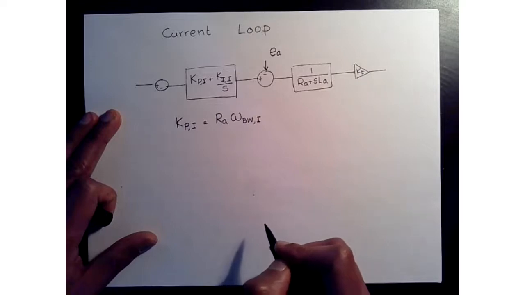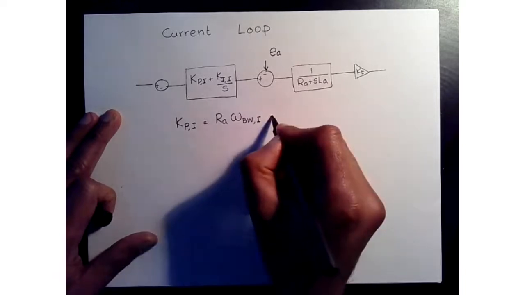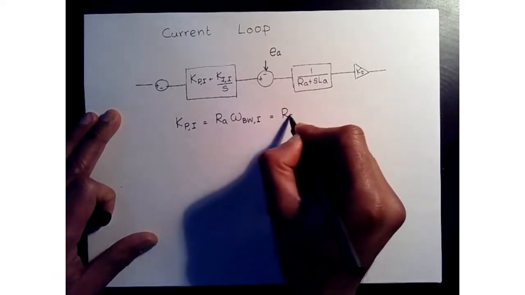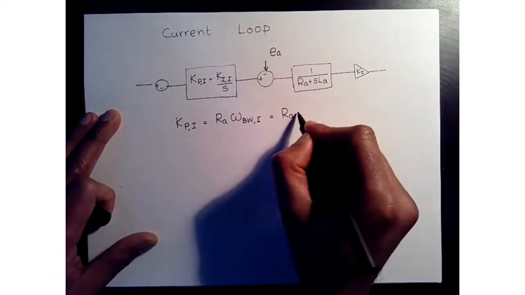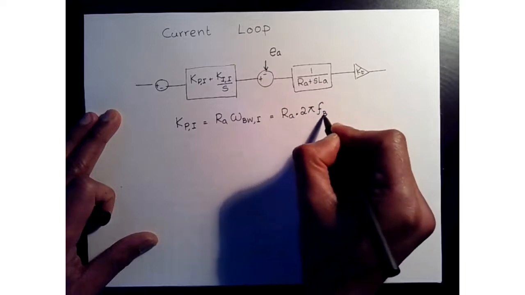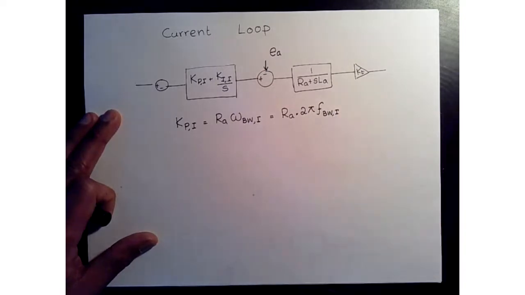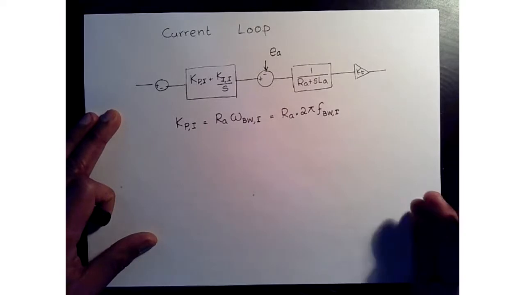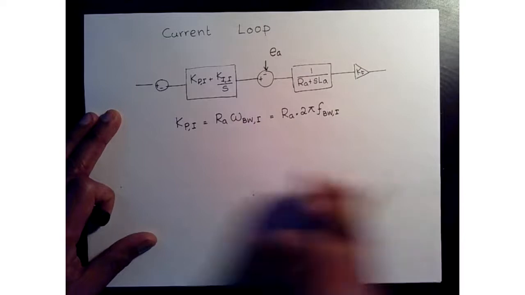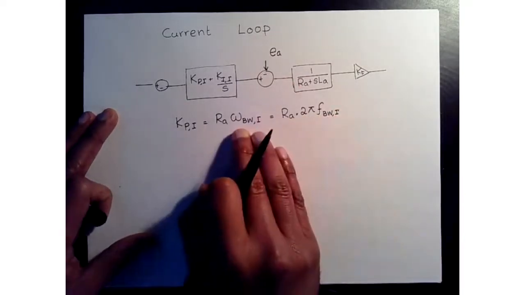So for the KP, RA times 2 pi F bandwidth I, just converting it to hertz. Now depending on your system bandwidth and what you want the ultimate closed loop bandwidth to look like, you can set these values.